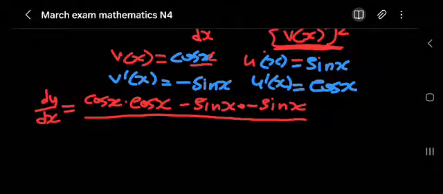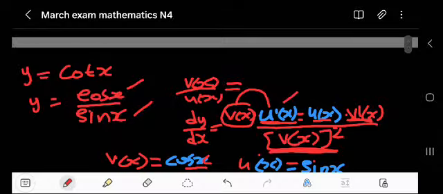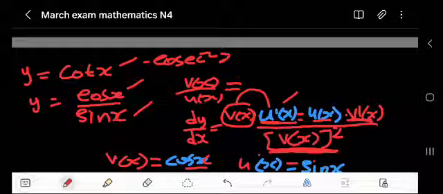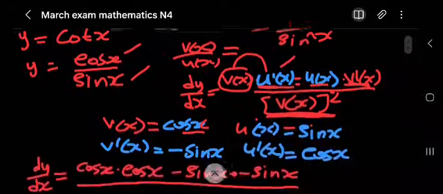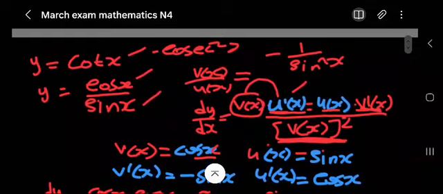Remember, when you take the derivative of this directly, what you're supposed to have is negative cosec squared x, without using the quotient rule. This is the same as 1 over sine squared x. So at the bottom there you square what?